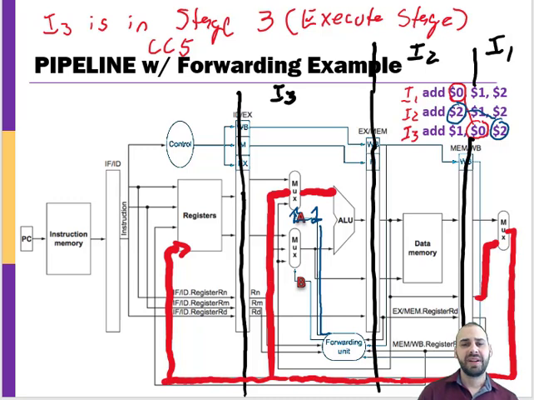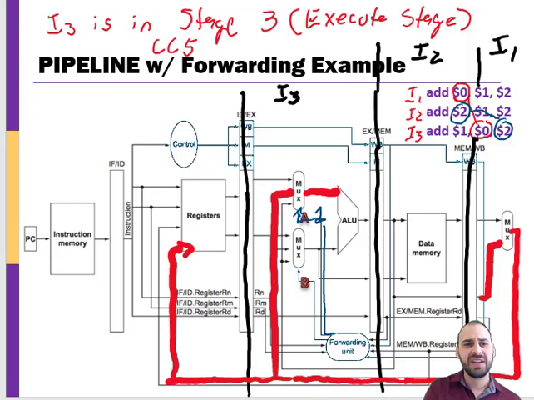All right, now that handles the first input. That's for the dependency with register 0, because we needed to grab the value that was in stage 5, since there was a 2 clock cycle difference. Let's see what happens with the other one. I'll choose a different color here.